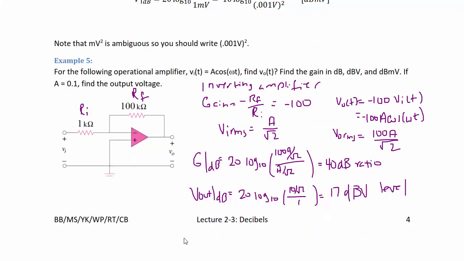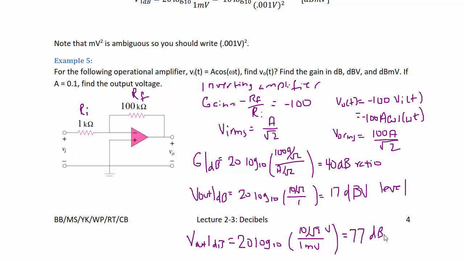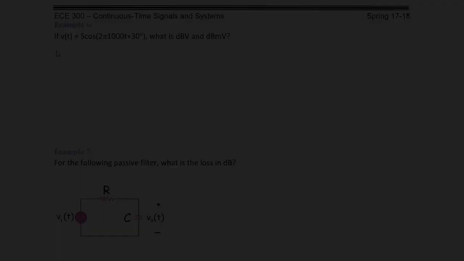We can also write V out in decibels as 20 log 10 of 10 over the square root of 2 with respect to 1 millivolt. So that's volts with respect to millivolts, and that ends up being 77 dBmV. And once again, that's a level. And this concludes example 5.